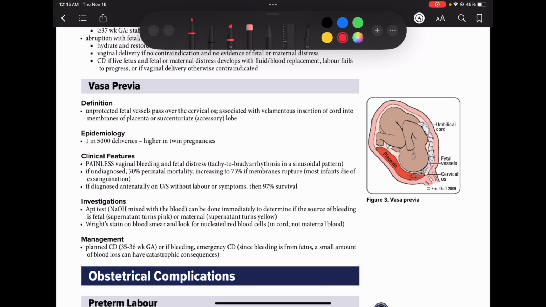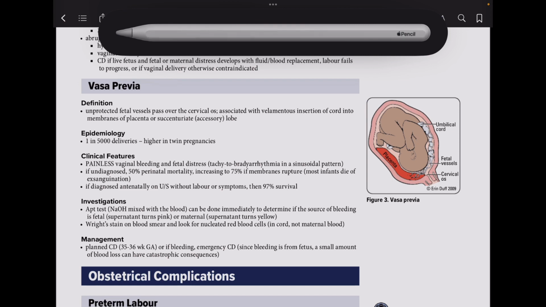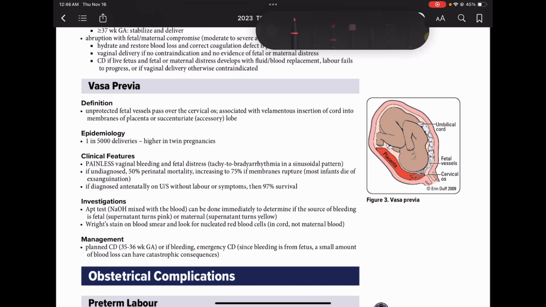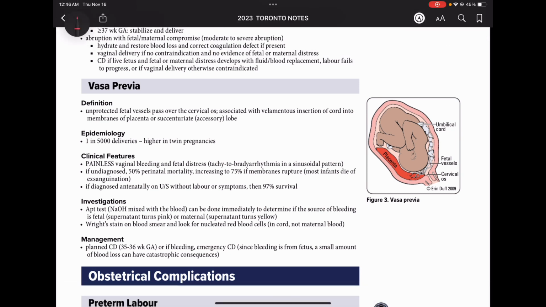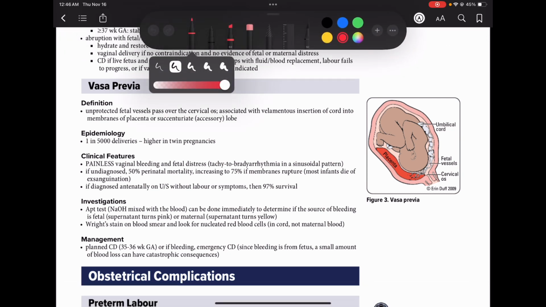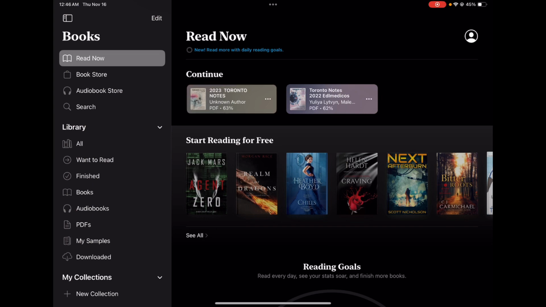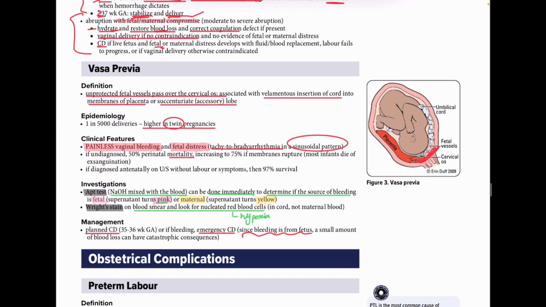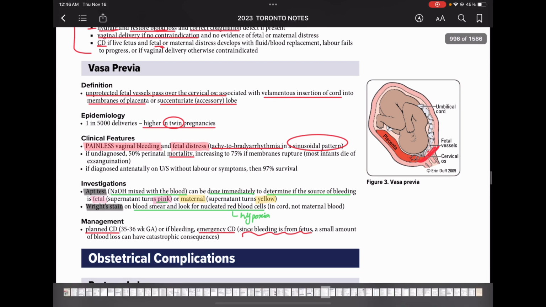So whatever vaginal bleeding is happening is because of vasa previa. In vasa previa, the bleeding is related to the baby, and the blood is more or less directly coming from the baby. So in this case, the baby is most prone to bradycardia or tachy-to-bradyarrhythmias, right?